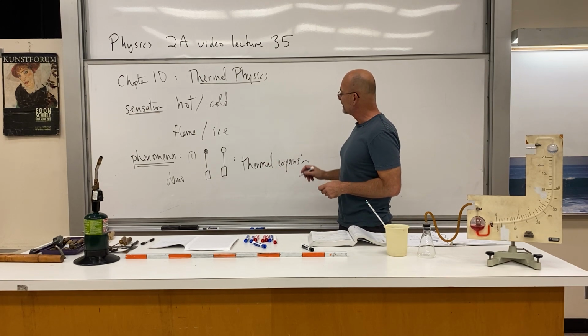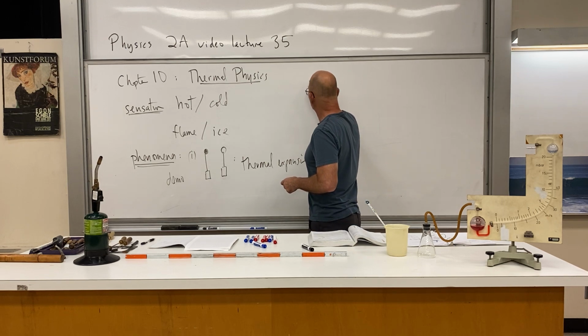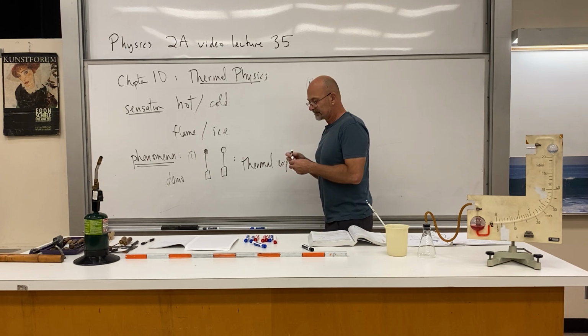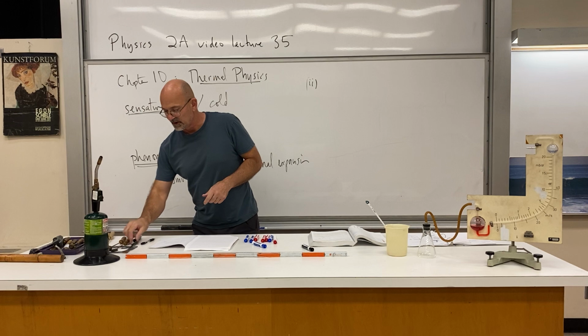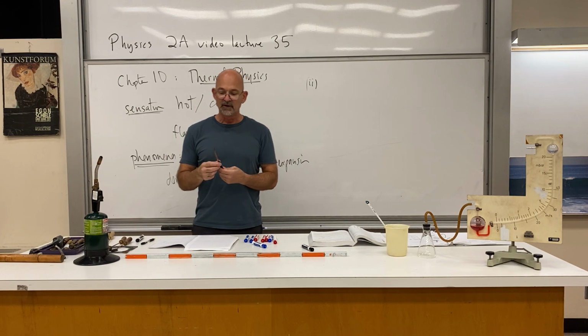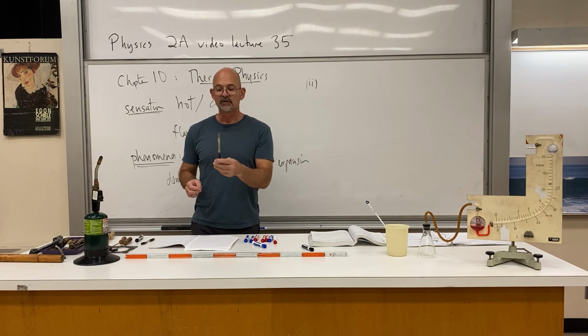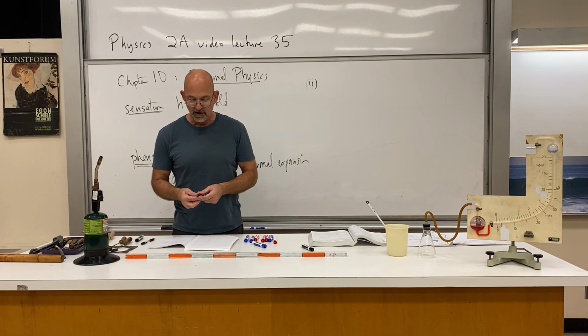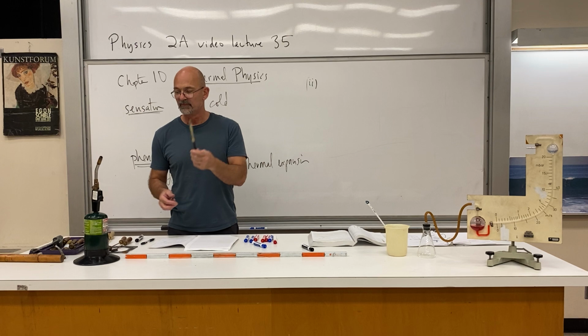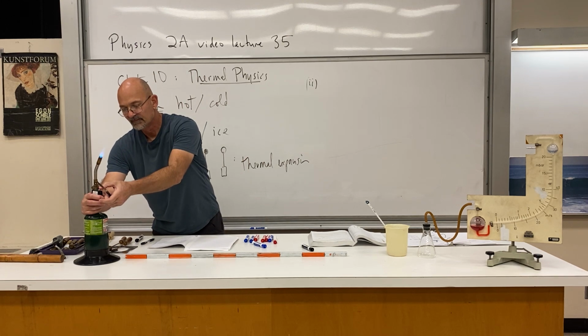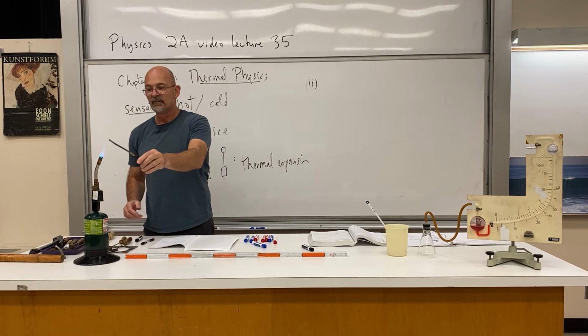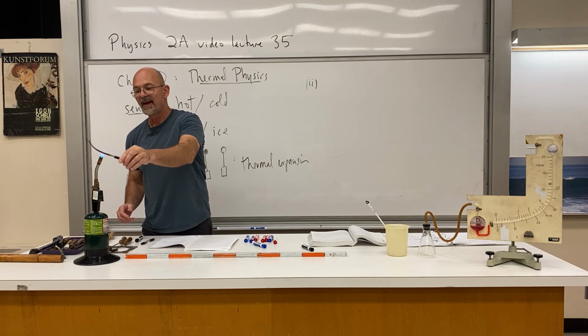Now, a second phenomenon is with this strip of metal here, more or less straight, okay? This strip of metal, all I see is a slightly different color from one side to the other, okay? But what we're going to see is that it bends when we apply heat to it.